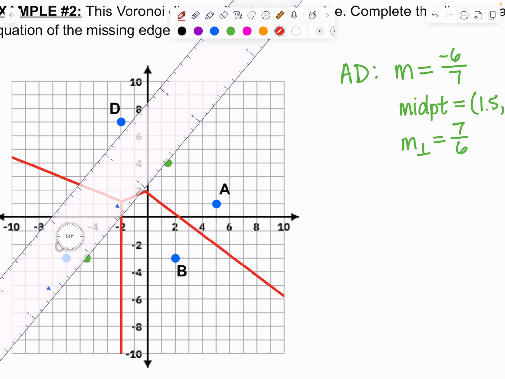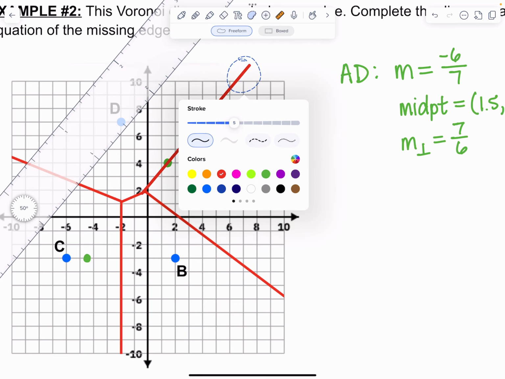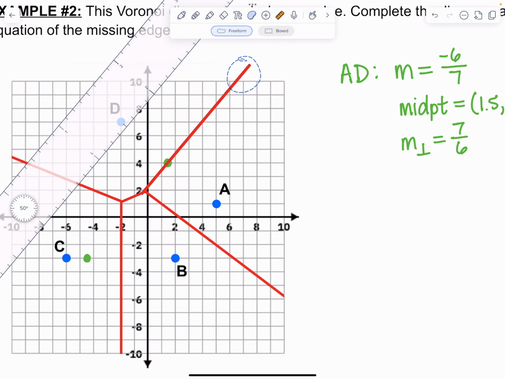So what I can do is I'm going to start drawing from here, and then I can stop. And there is my bisector. Okay, that is my bisector. So that's how we would draw that.